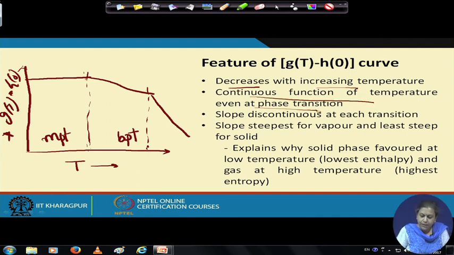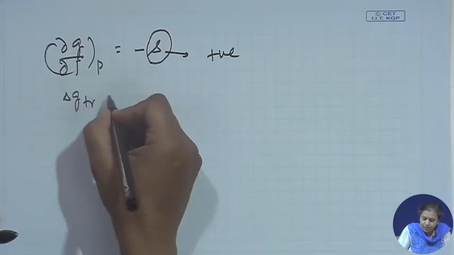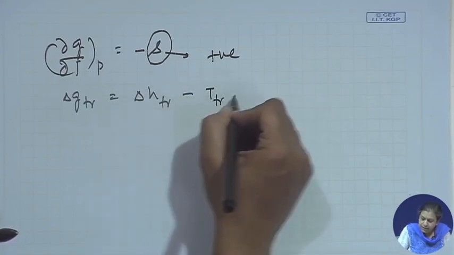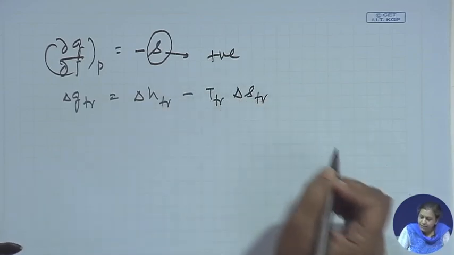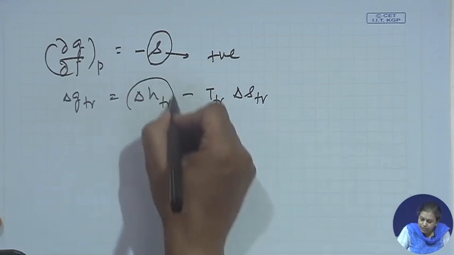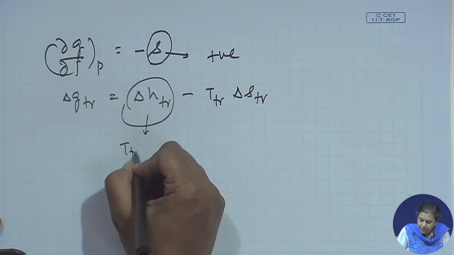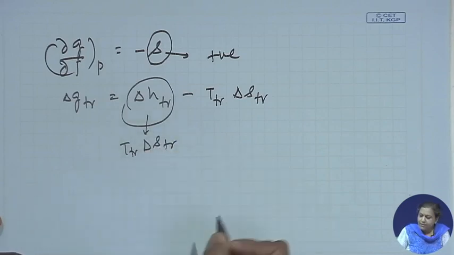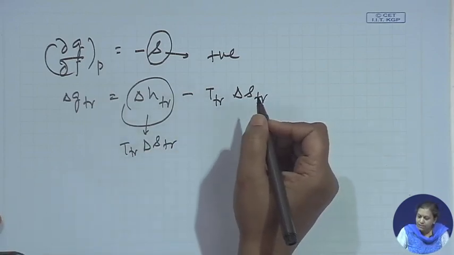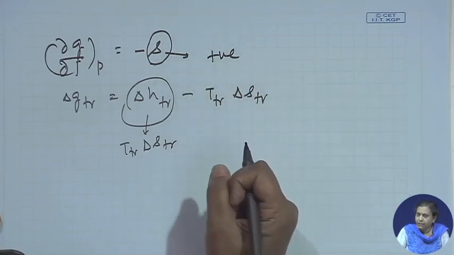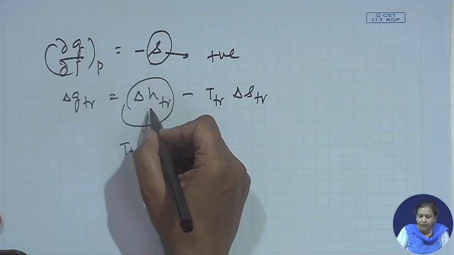Why does this happen? Even at phase transition, what is delta G transition equal to? This is equal to delta H transition minus T transition into delta S transition, right. And what is this delta H transition equal to? It is nothing but T transition into delta S transition, because at the transition temperature, the entropy increases by absorbing the heat, and the heat is only used up as the latent heat for that particular transition.